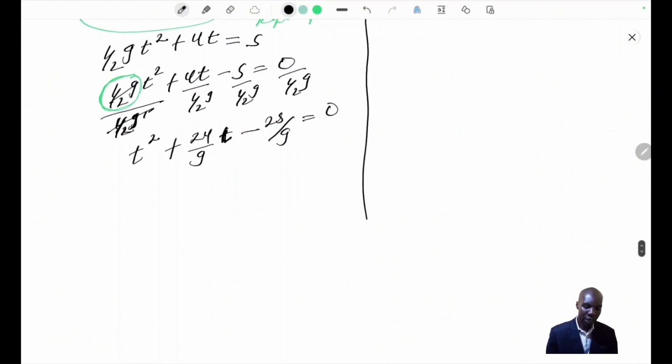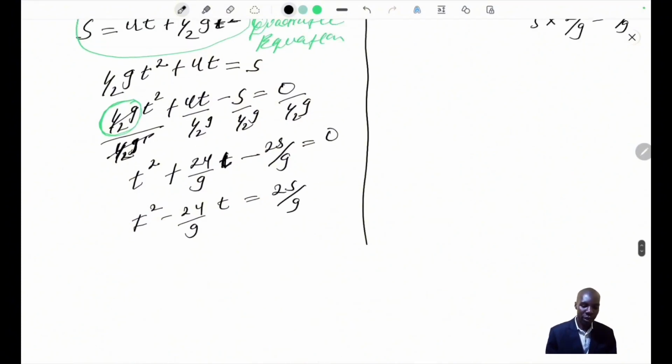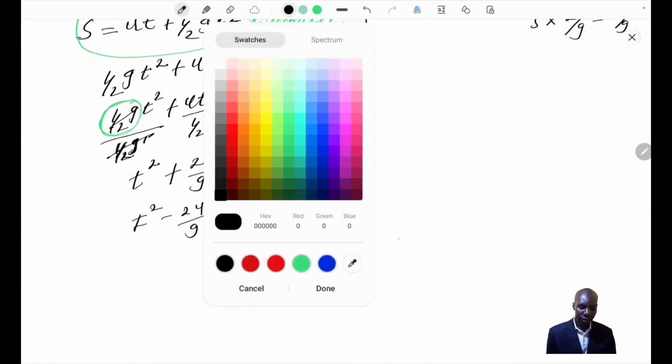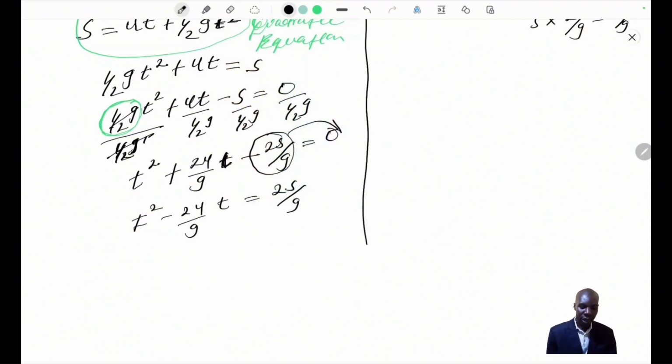The next thing that we are going to do here is to say that t squared minus 2u over g t is equal to 2s over g. We have brought this one to the right hand side. So this is what we have.